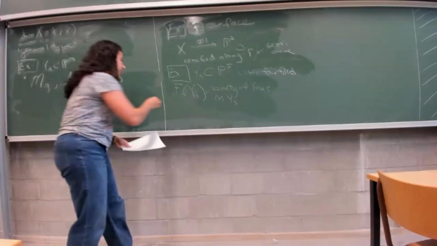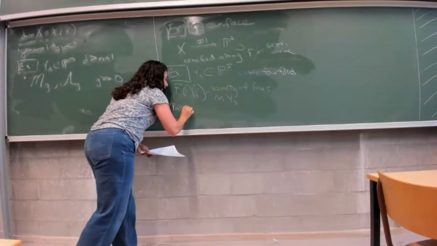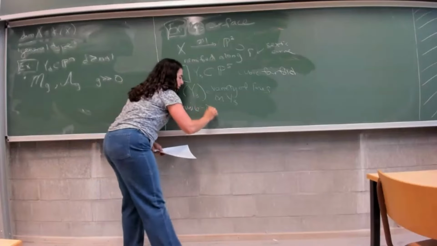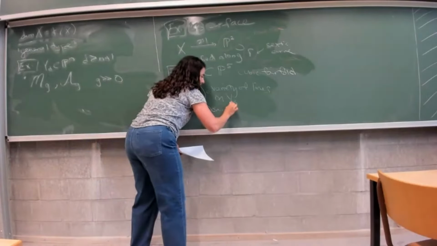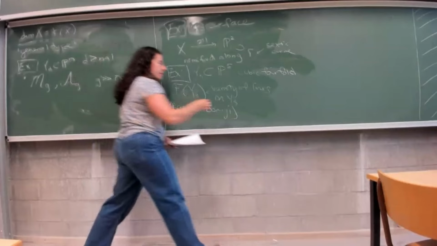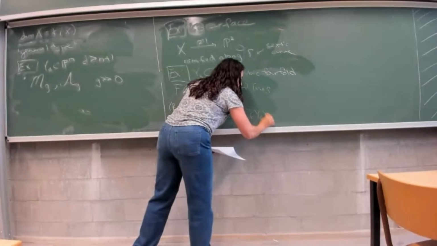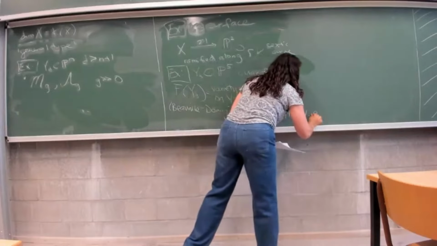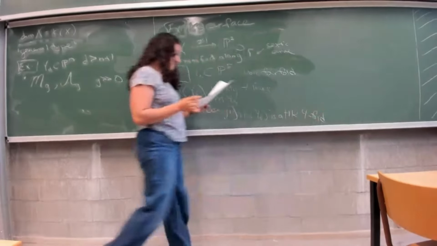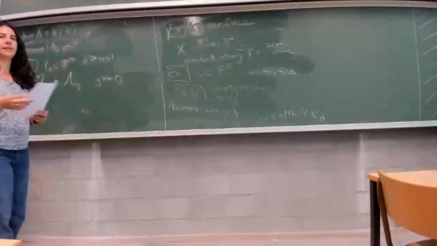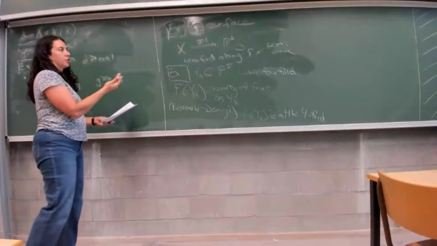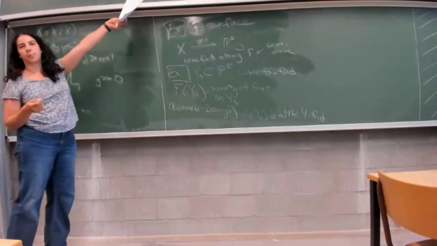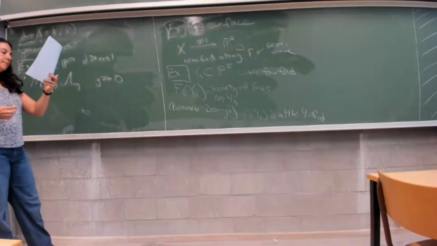Okay, and it turns out, this is a result due to Beauville and Donagi, that this thing, F of Y, is a hyperkähler fourfold. Okay, so this variety of lines turns out to have this property.